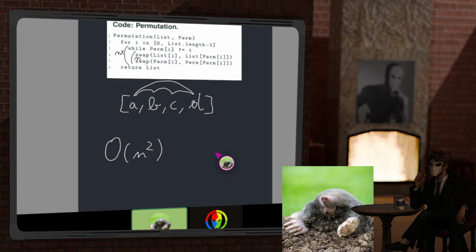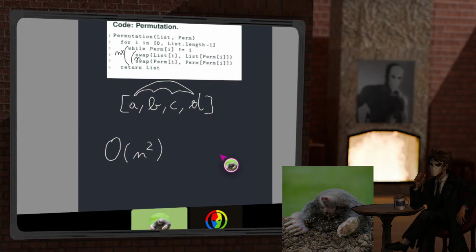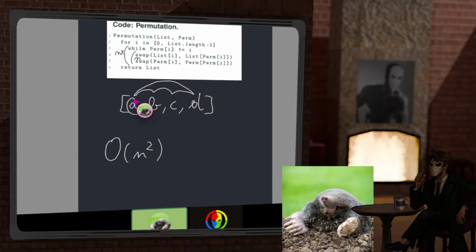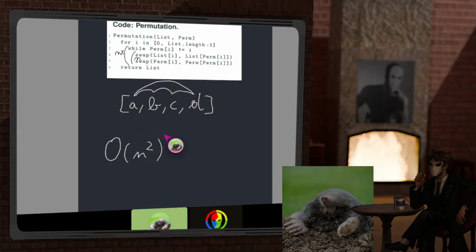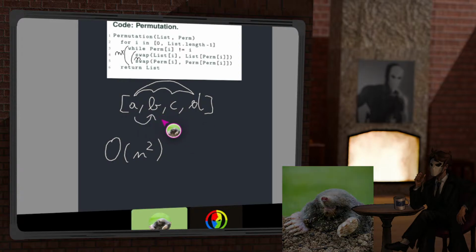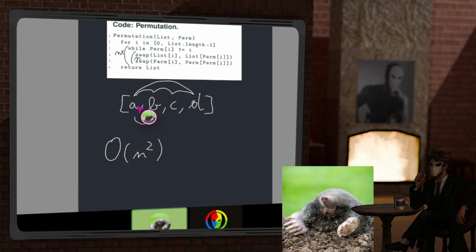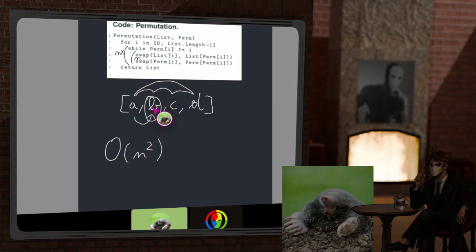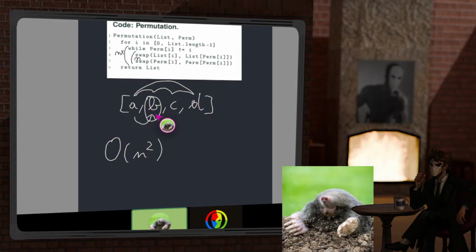Each time we do a swap in here, or rather two swaps, we are taking a value in the list and putting it at its right spot. But once a value is in its spot, we won't touch it again. We won't swap it. And we have only n values in the list.